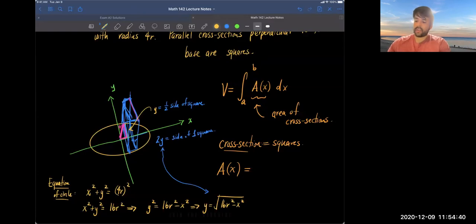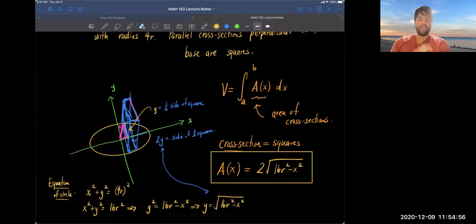So really the cross-sectional area with respect to x is going to be 2 square root of 16r squared minus x squared, squared. And this is the hardest part to get, is to figure out what the cross-sectional area is for one of those cross sections with respect to x. And then what do I know about the x values here?